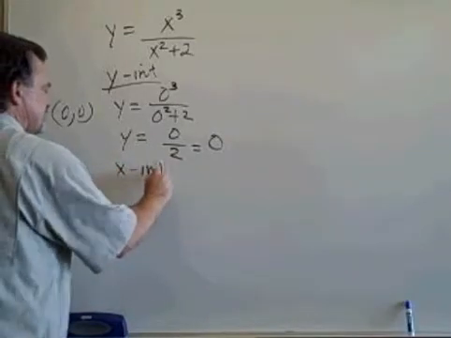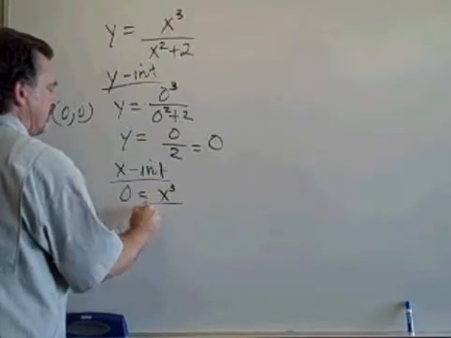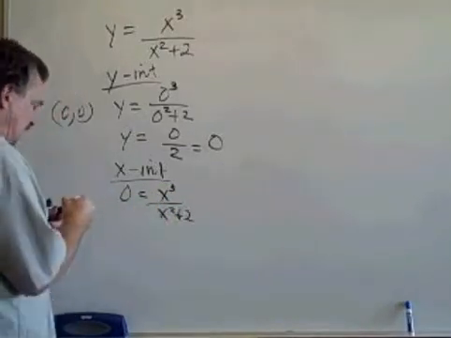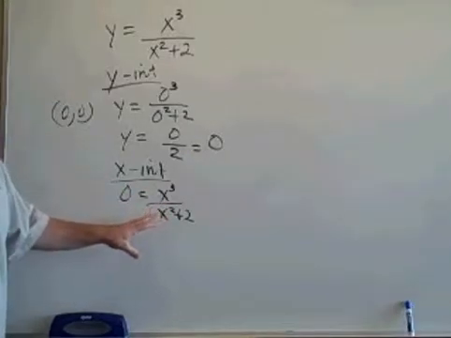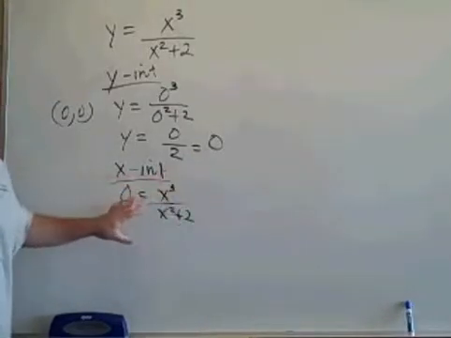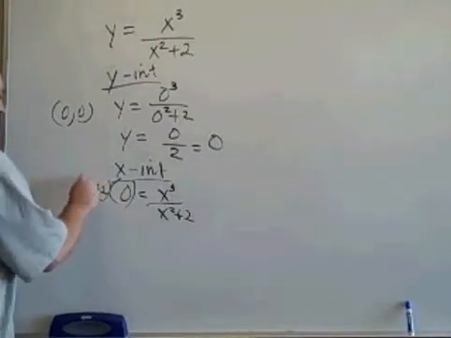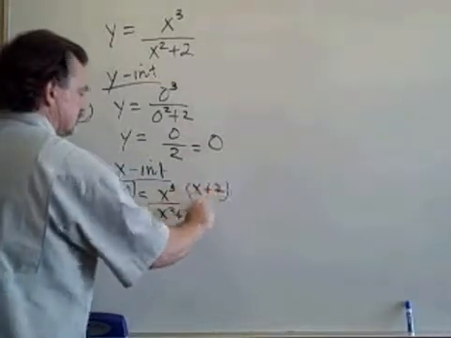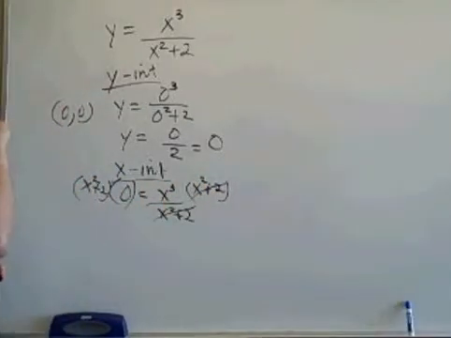So to find the x-intercept, remember we let y be 0 and solve for x. How would we solve this rational equation? Wouldn't we multiply both sides by x squared plus 2? Excuse me, x squared plus 2 is what we have there.